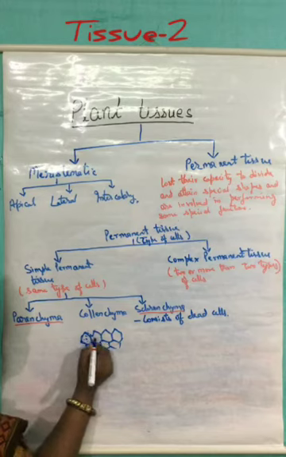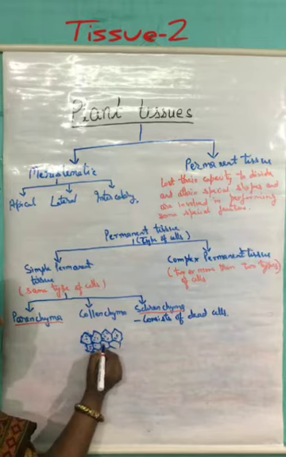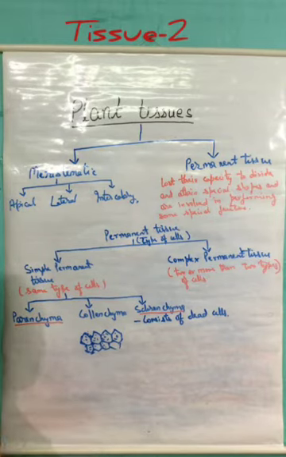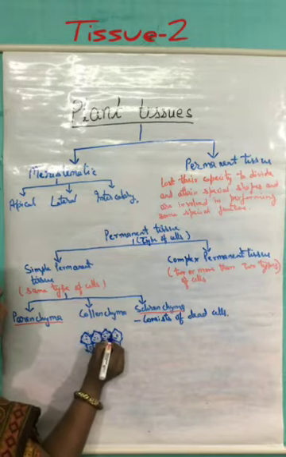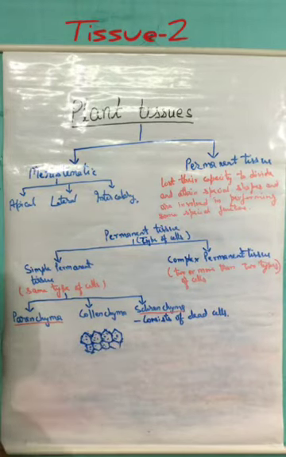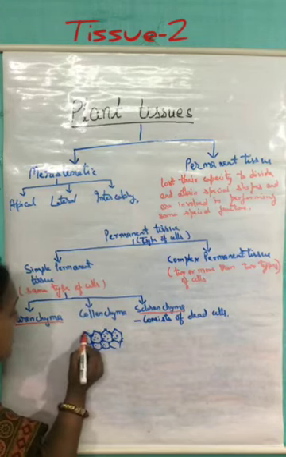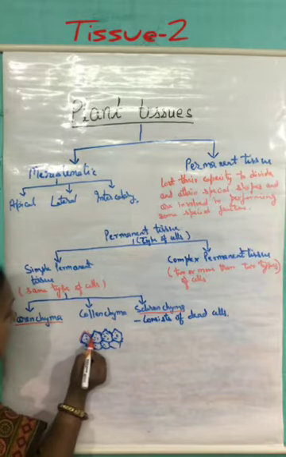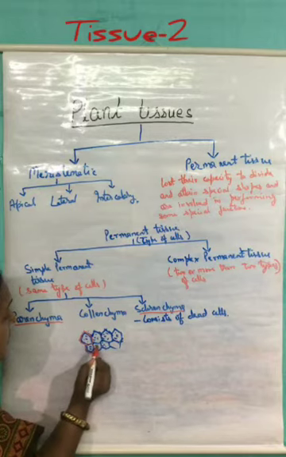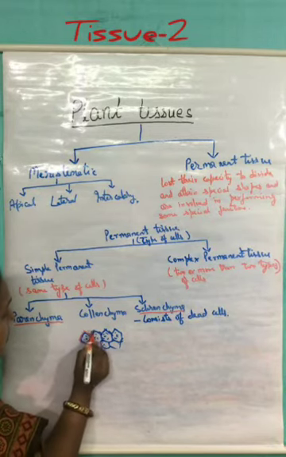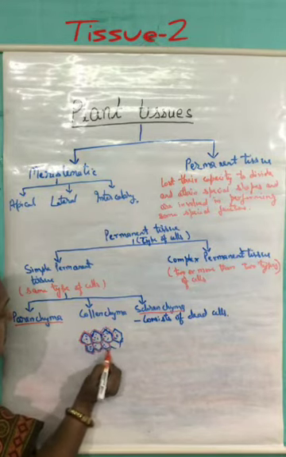A lesser amount of cytoplasm is there and the nucleus is less active. Now, the cell wall is irregular because of the deposition of pectin at the corners. Now, if at each corner of these collenchyma there is a thick deposition of another layer, which is known as lignin, due to this the cell wall becomes further thicker.